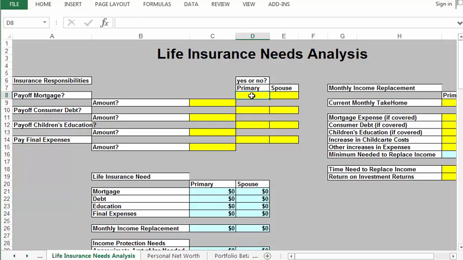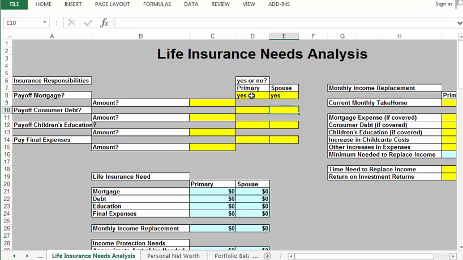So we ask the husband, if your spouse passes away, would you like to pay off your mortgage with the death benefit? And he says yes. And the spouse says yes.